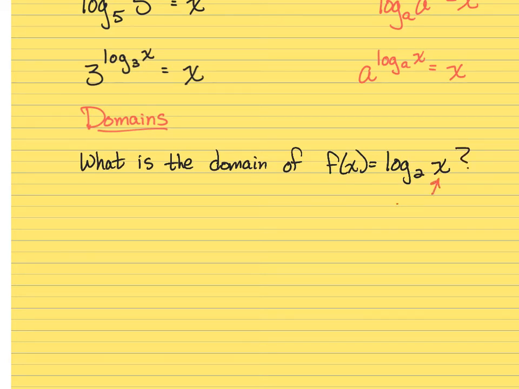This must be positive. In fact, it's got to be greater than 0. So in other words, you cannot plug in any negative value into a log. You can't take the log of negative 3, log of negative 5. You can't take the log of 0 because it's impossible to take 2, raise it to a power, and get 0 or a negative number. So in short, domains always have to be positive.